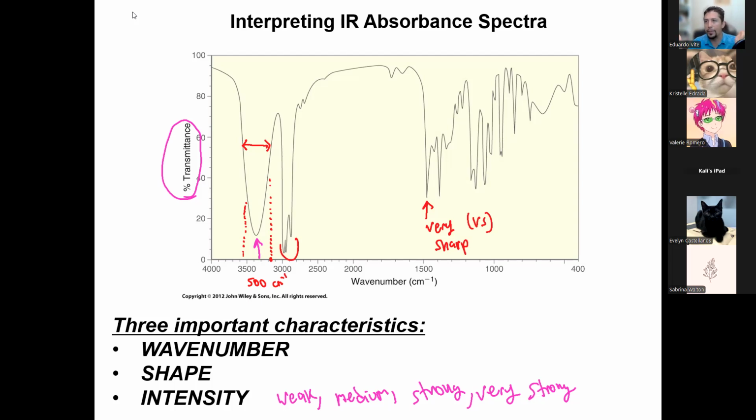But it has the same peaks at the same wave numbers, they're just flipped. So you still have to be able to tell the wave number, the shape, and the intensity, whether it's in percent transmittance or absorbance. But in this case, for percent transmittance, the closer you are to zero, the more intense the peak is.